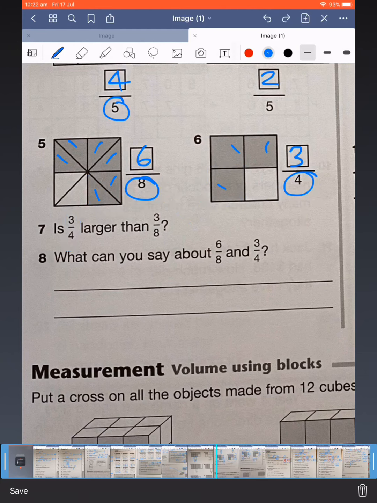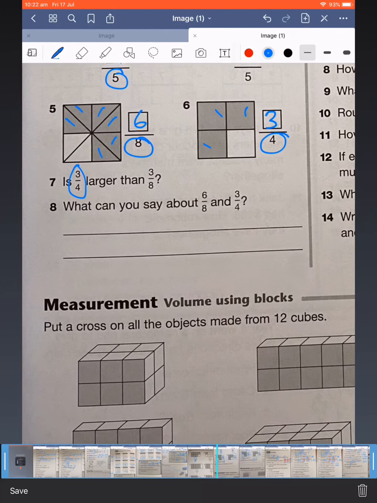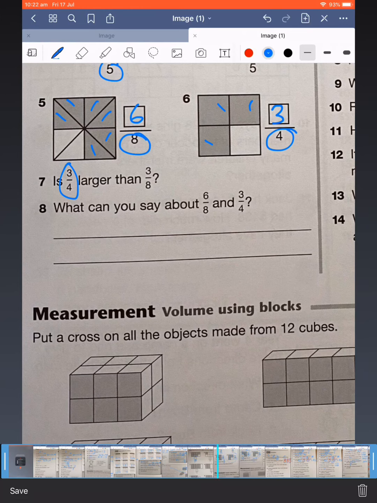What can you say about 6/8 and 3/4? Well, I wonder who got this one right, but what you can say about them is if you try to make 6/8 using smaller numbers, if you want to simplify it, we can actually simplify it to equal 3/4. It actually is 3/4.